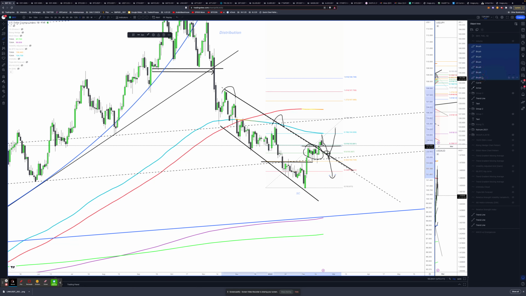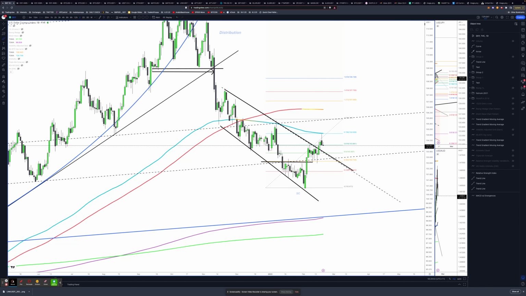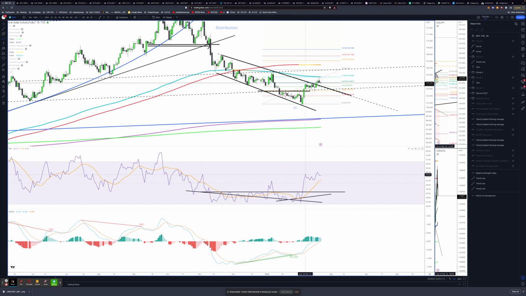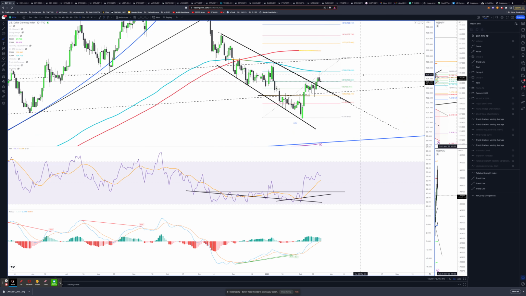Now, what do the indicators show? On the daily, we've got high highs on the RSI, so there's no bearish divergence on the daily. MACD is looking all right. It's looking to pass. So it's looking good, although we're at a resistance level. So this resistance level has confluence here. And you know what?